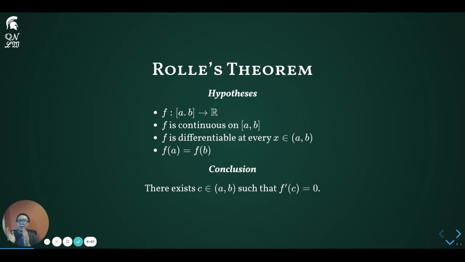The conclusion of Rolle's theorem is that under these hypotheses, the derivative f prime vanishes for some point C that is strictly between A and B. Again, since we don't know how to define derivatives at the endpoints, the derivative f prime as a function is only defined on the open interval AB and not the closed interval.